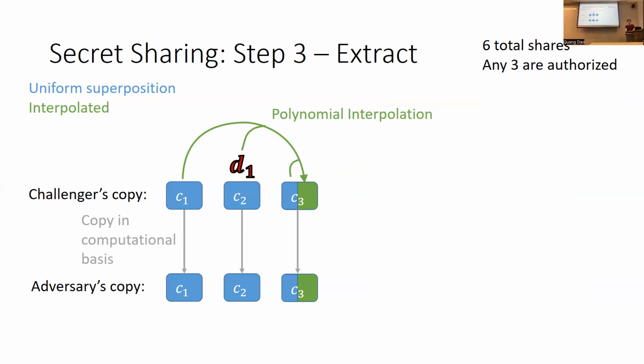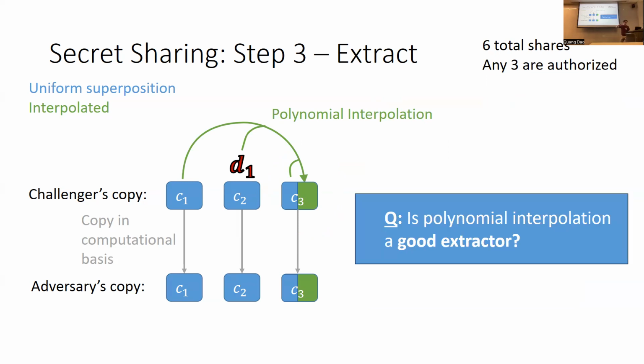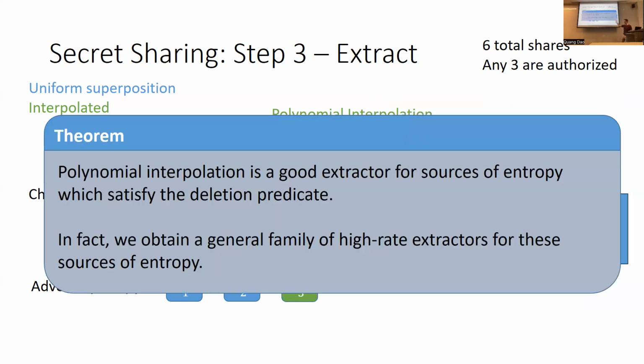The last step is we need to do extraction. So remember that we used C1, C2, and a little bit of C3 to interpolate the rest of C3. The question is whether or not this is a good extractor for a deleted share. And we show that indeed it is.